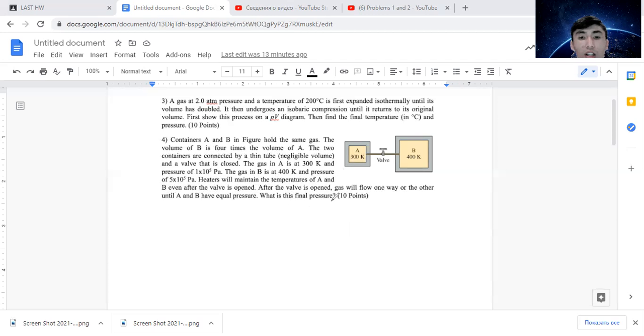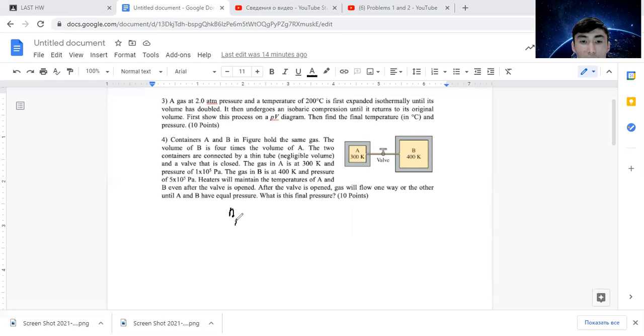We need to find the pressure after opening this valve. So firstly, what do we do? We need to find the number of moles in every container, right?